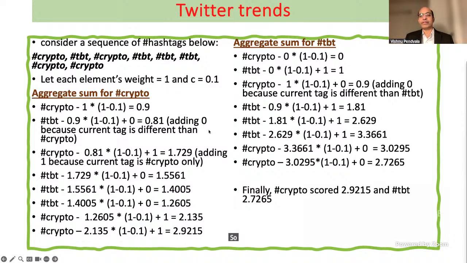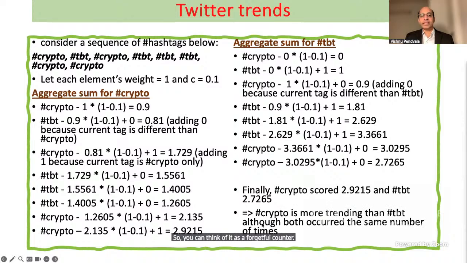So we don't want to keep track of trending hashtags if their weight goes below some threshold. You can think of this algorithm as a memory with fading influence, a forgetful counter, right? So crypto is more trending than hash TBT, though both occurred the same number of times.